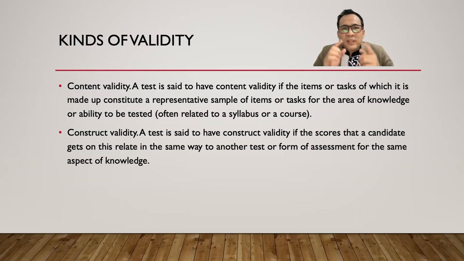If you refer to parts of the syllabus, where your teaching goal is stipulated, then your test should represent the materials from the syllabus. This is called content validity. So the content of the assessment should represent the content of the area of knowledge. What about construct validity?